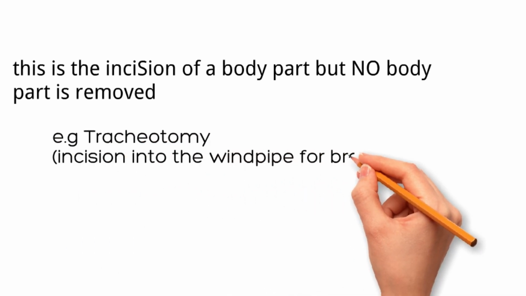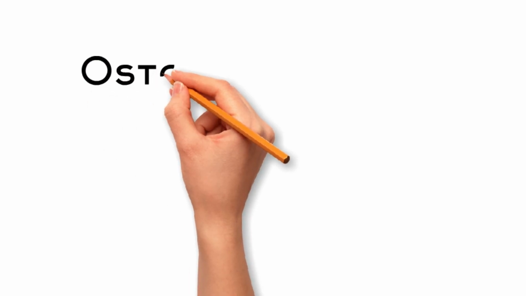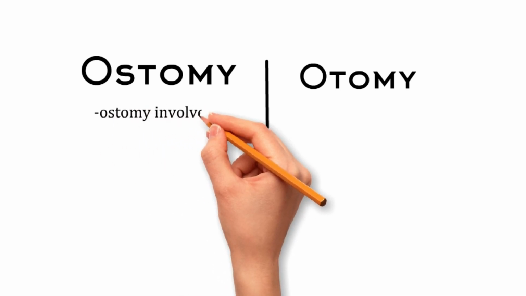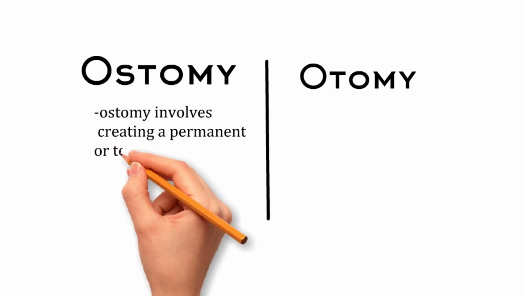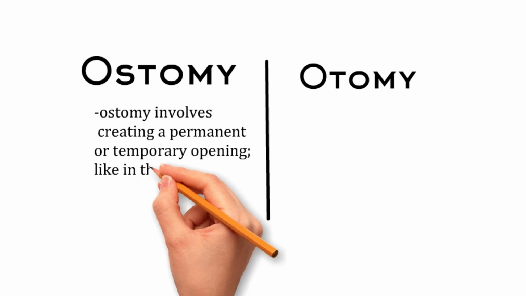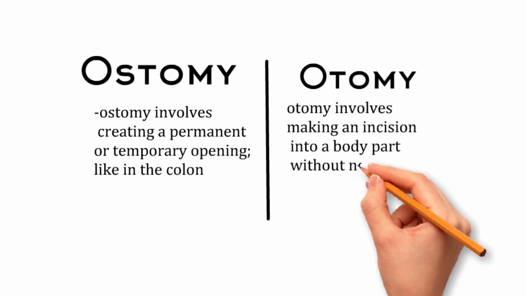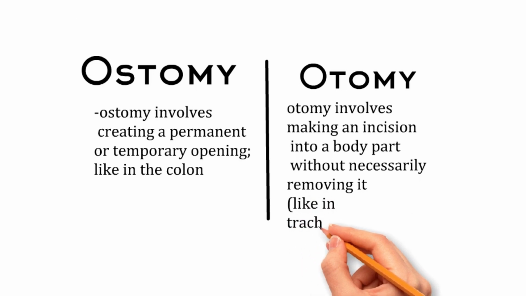Example, tracheotomy, incision into the windpipe for breathing. The main distinction between ostomy and otomy is, ostomy involves creating a permanent or temporary opening, like in the colon, while otomy involves making an incision into a body part without necessarily removing it, like in tracheotomy.